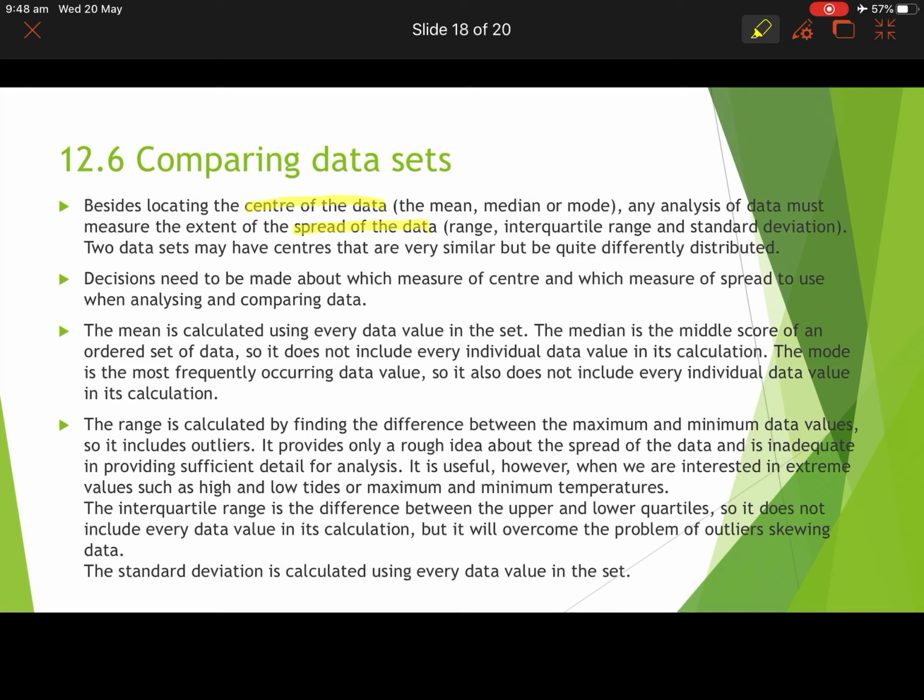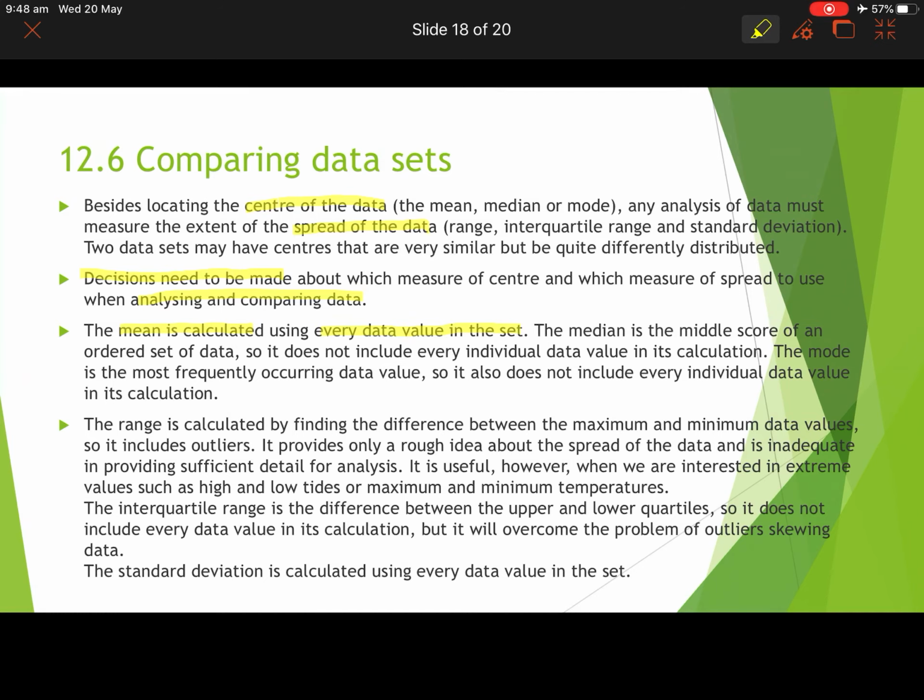Decisions need to be made about which measure of spread and which measure of centre to use when analysing and comparing. You need to make sure you're using the right one, depending on what it's asking for. The mean is calculated using every data value in the set.